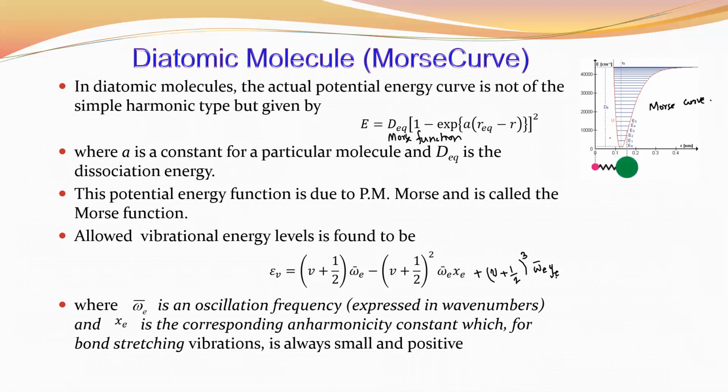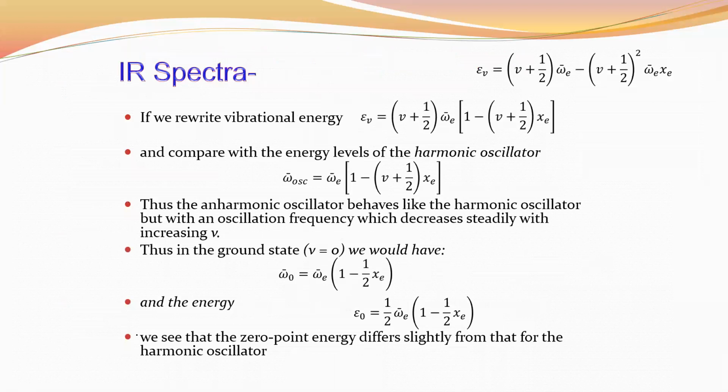Here Ye is another anharmonicity constant, and as this is very small compared with Xe, so Ye is very much less than Xe. Then this term is neglected. Then only two terms are expressed, and this X is also small, but it is always small and positive.